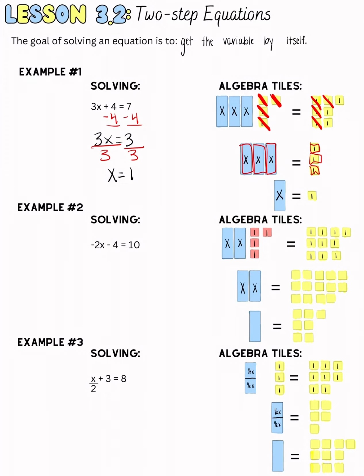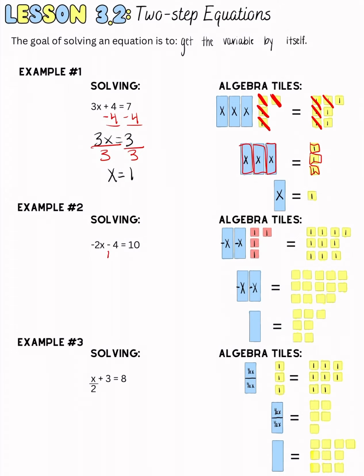So I have negative 2x minus 4 equals 10. So if you notice, my boxes are red for minus 4. Okay, so what's happening to x is I'm multiplying by negative 2 and I'm subtracting 4. So the first thing I'm going to do is add 4. I'm going to do the opposite.